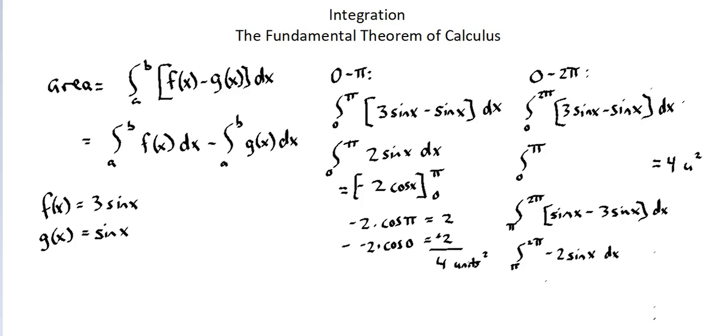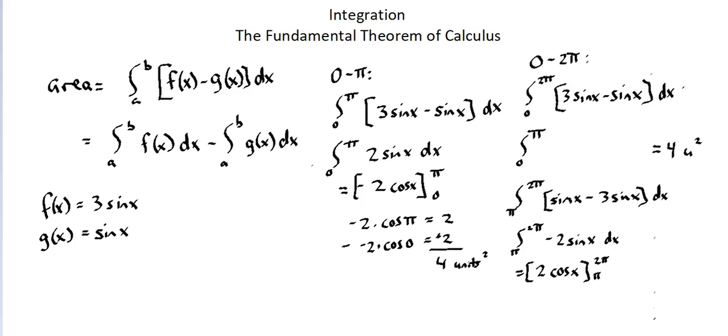And my integral for negative sine of x is cosine. So I'll have a positive cosine x. I'll keep the multiple of 2 in front, and I'll evaluate from pi to 2 pi. And the calculations are 2 times cosine of 2 pi minus 2 times cosine of pi. Cosine of 2 pi is 1, and 2 times 1 is 2.